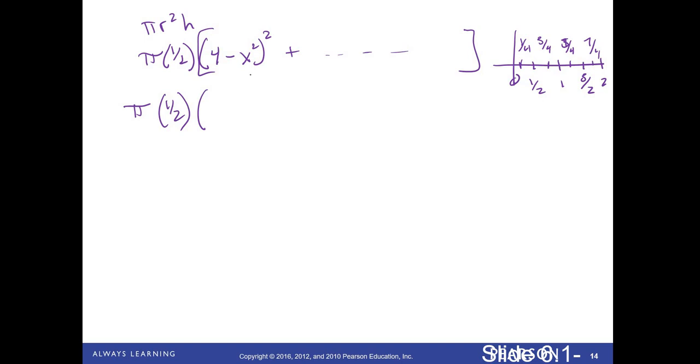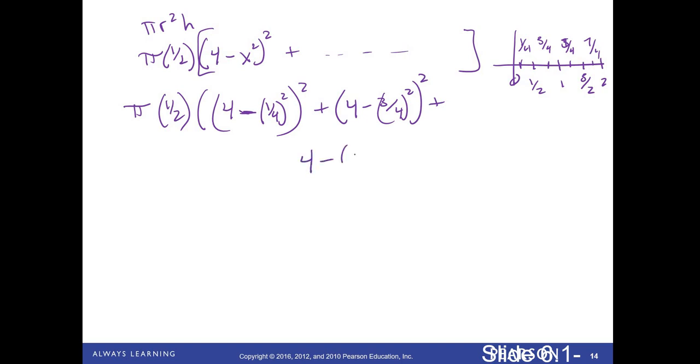So pi times 1/2 times my function: 4 minus 1/4 squared, squared; 4 minus 3/4 squared, squared; 4 minus 5/4 squared, squared; and 4 minus 7/4 squared, squared.